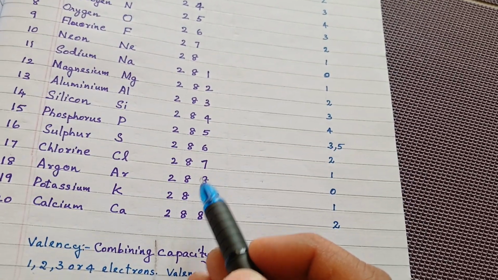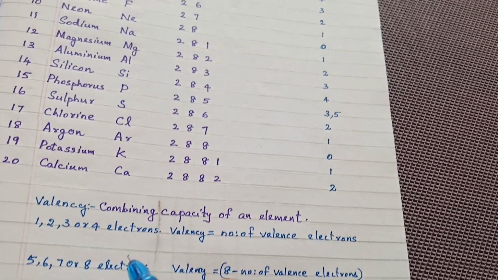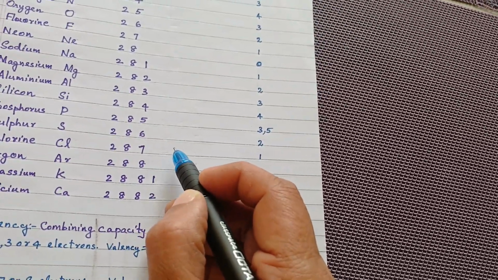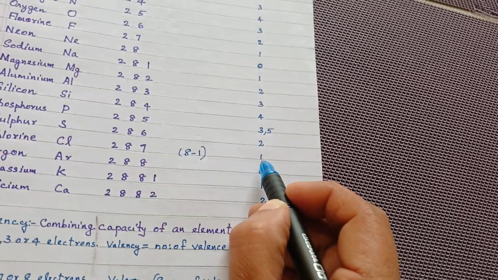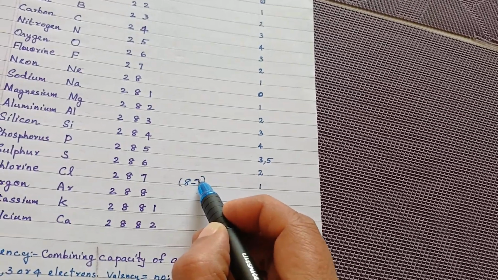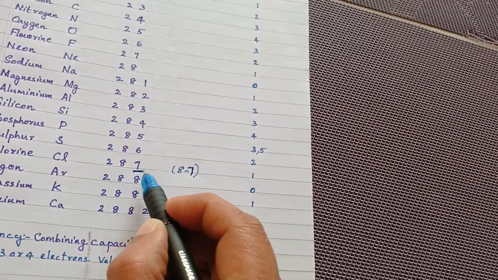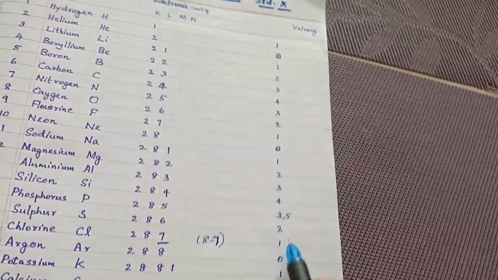That means it belongs to that group of 5, 6, 7 or 8 electrons. So its valency should be 8 minus 7, which is equal to 1. 7 is the number of electrons in its outermost shell. So 8 minus 7 will give you 1, its valency.